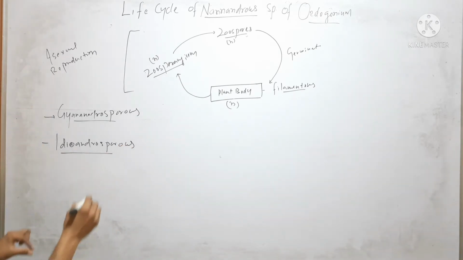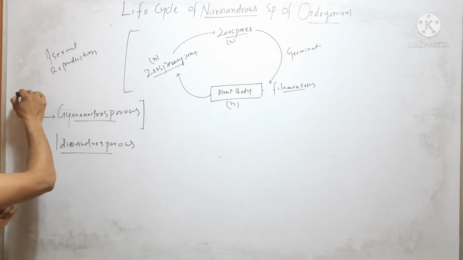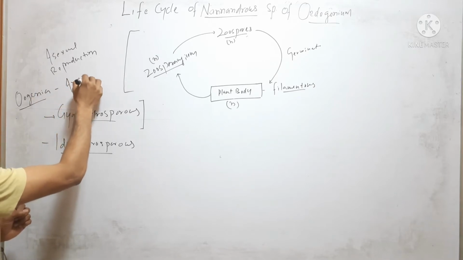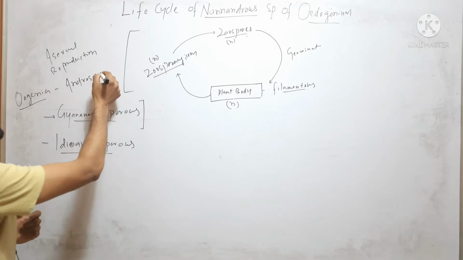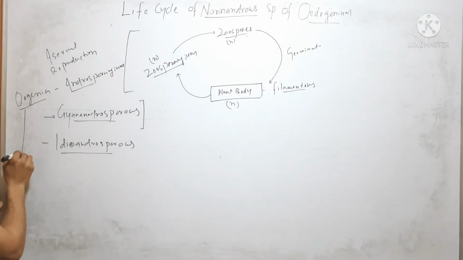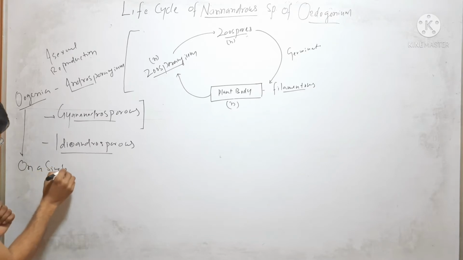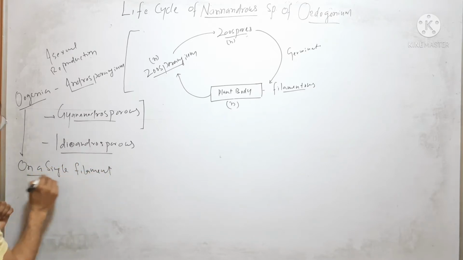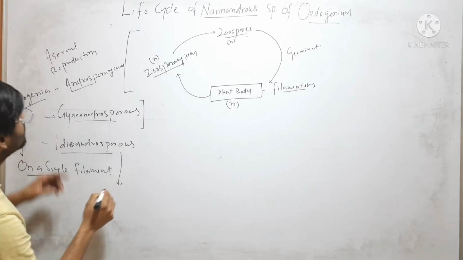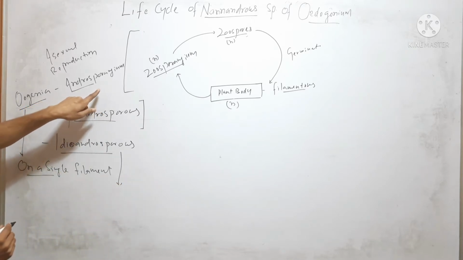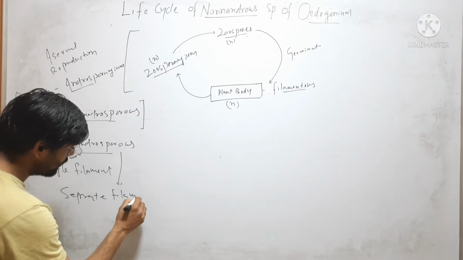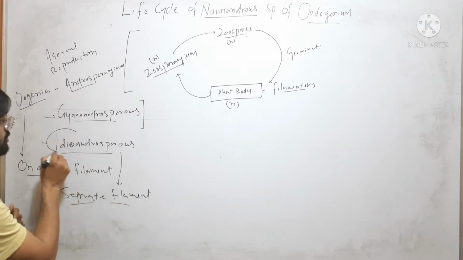When oogonia and androsporangia are both formed on a single filament, then it is called Gynandrosporous, and when both oogonia and androsporangia are formed on separate filaments, then it is called Oedogandrosporous.